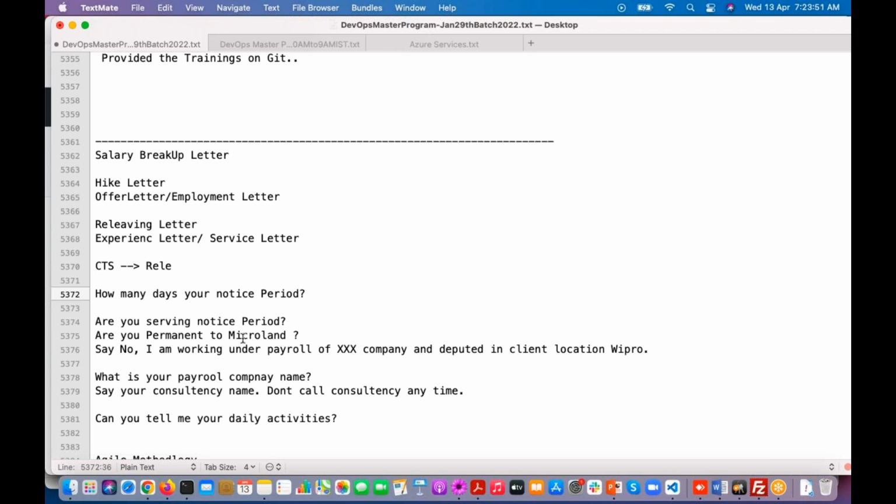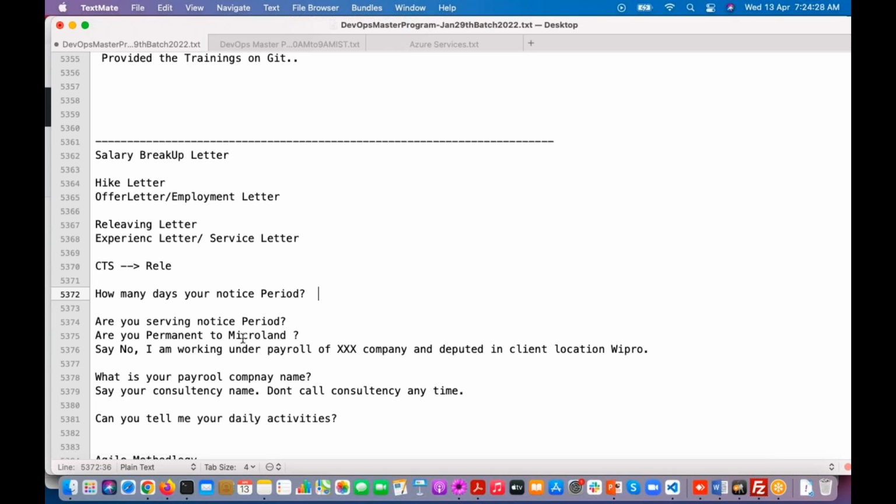Suppose your manager is not accepting, then tell the new company's HR who gave you the offer letter: when I was serving notice period, I was not feeling well, I was sick, so they extended my notice period. Can you update or postpone my joining date?